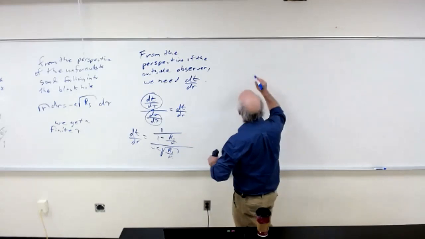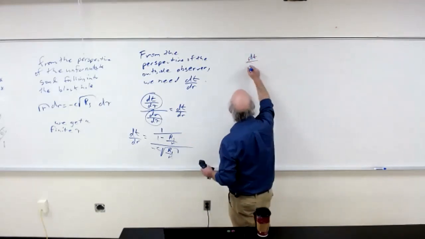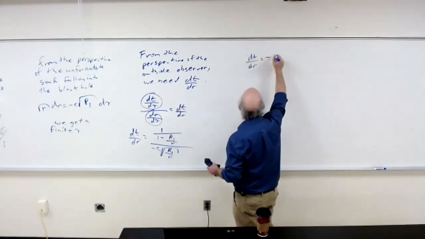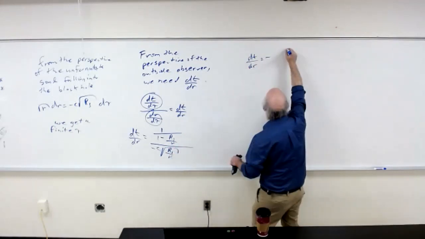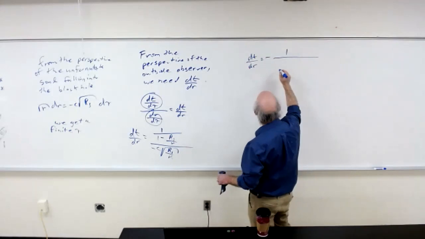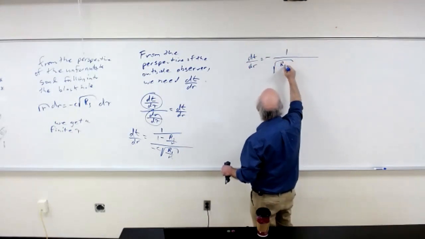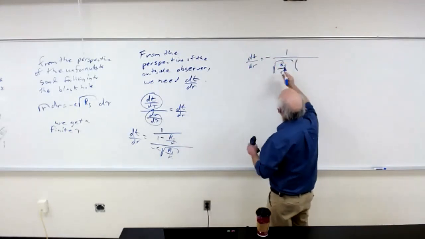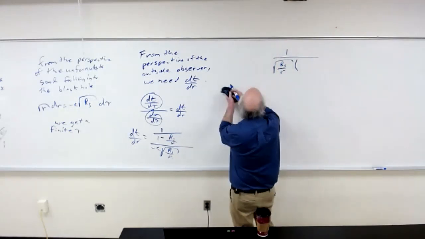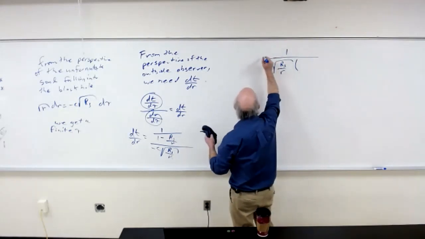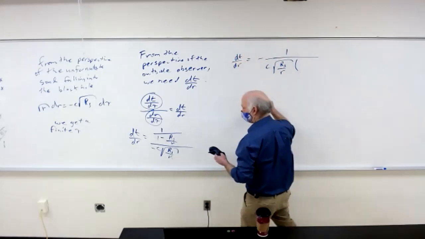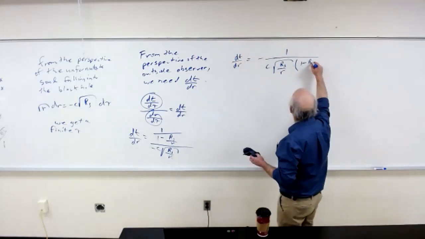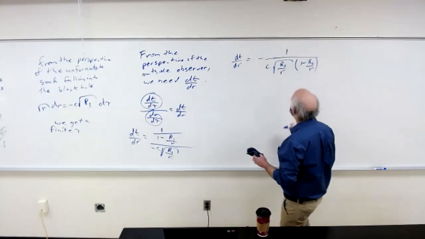So let's clean that up. And that gives us dt dr equals minus 1 over the square root of Rs over r, divided by c times 1 minus Rs over r.